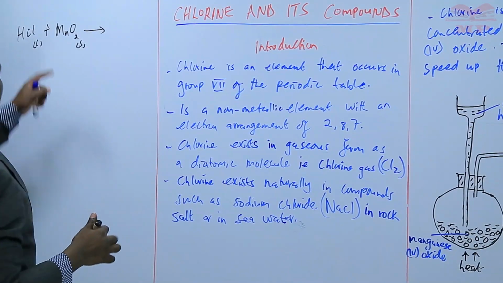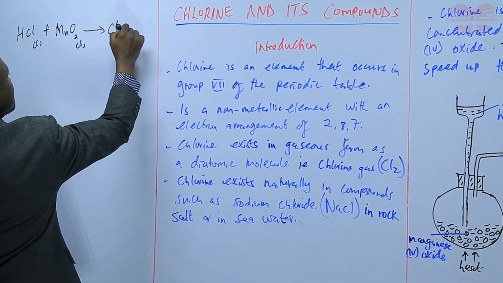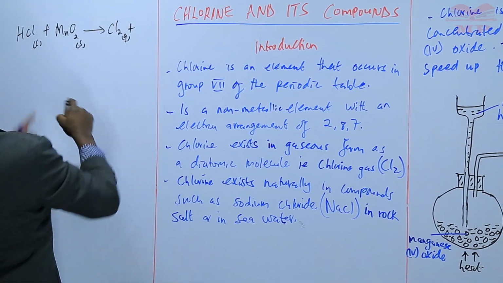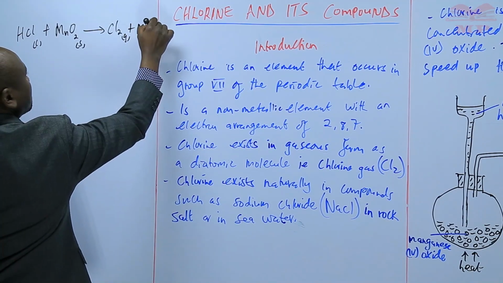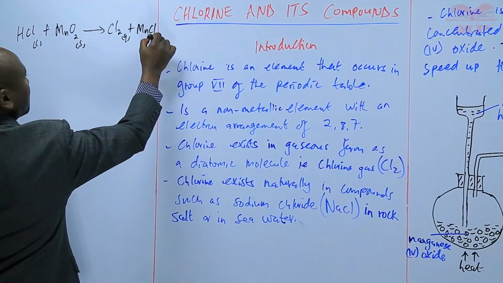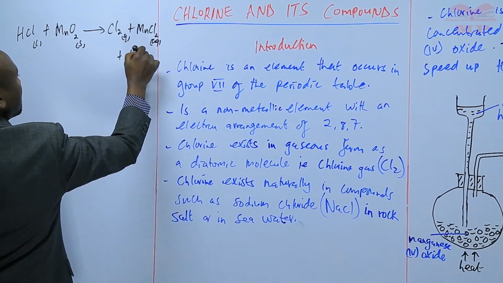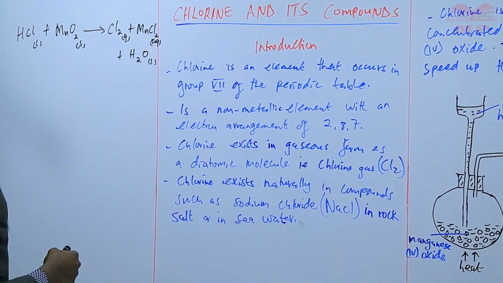That reaction produces chlorine gas, which is being collected there. There is also manganese 2 chloride, and that is a solution, plus water. So that is the equation for the reaction that takes place there.